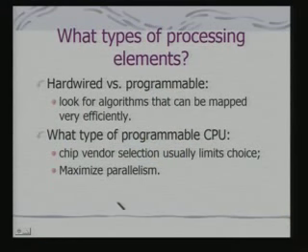In fact, when you are using a programmable CPU, the chip vendor selection usually limits the choice. You cannot have all possible kinds of combinations. So if I go for TI's OMAP, I know what kind of CPUs are available and how the heterogeneous task graph for an application should be mapped onto the CPUs, taking into account their characteristic features. If you are going for a multi-CPU platform, you would like to maximize parallelism, and that would give you the maximum benefit.